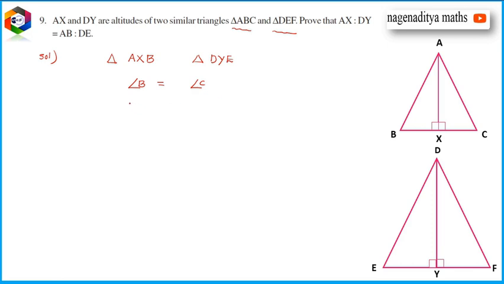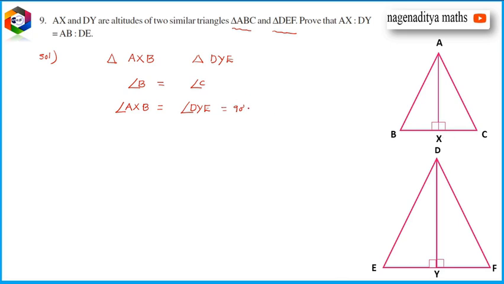Also angle AXB is equal to angle DYE is equal to 90 degrees, because AX and DY both are altitudes of the given triangle. That is why these altitudes make a 90 degrees angle with the given base.